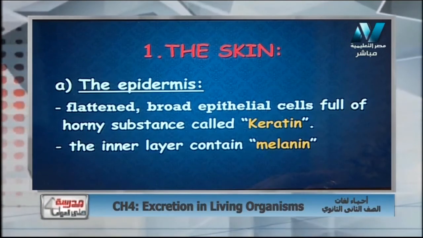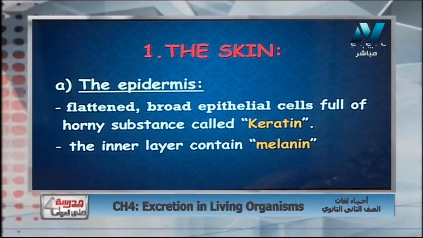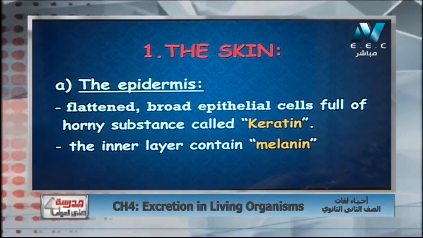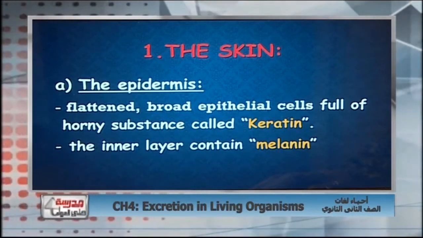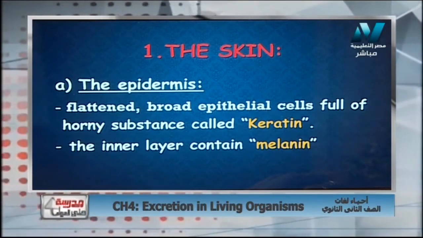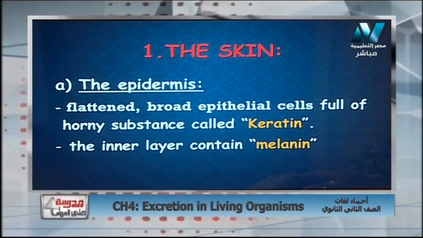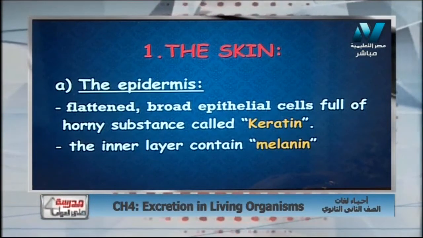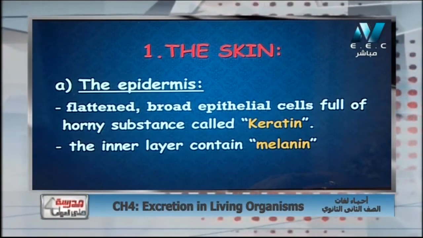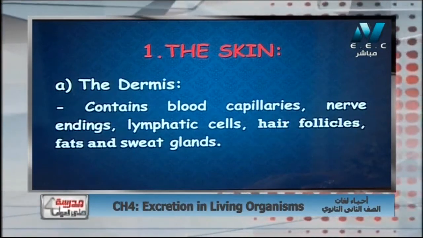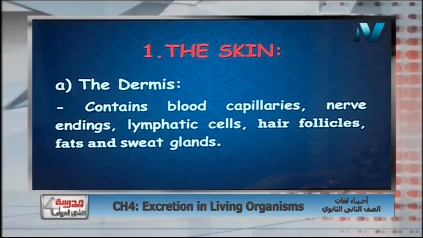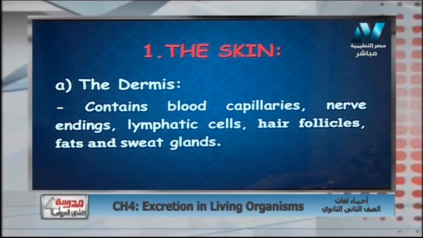The inner layer of the epidermis is composed of cells producing the melanin substance, which gives the skin its color. So it's responsible for the skin color. The other layer, or the inner layer, is called dermis.